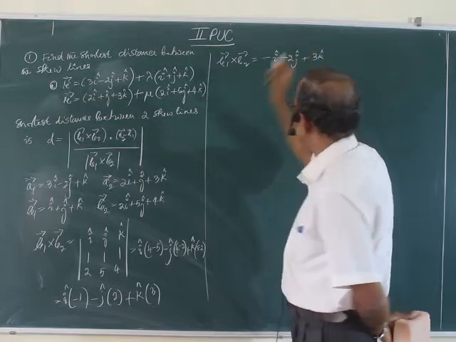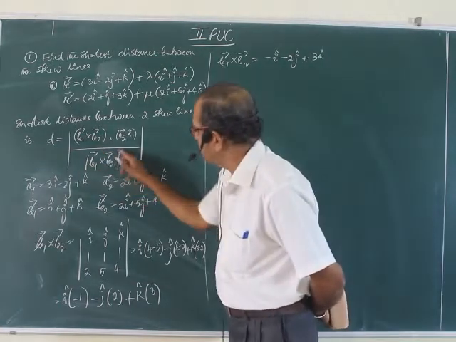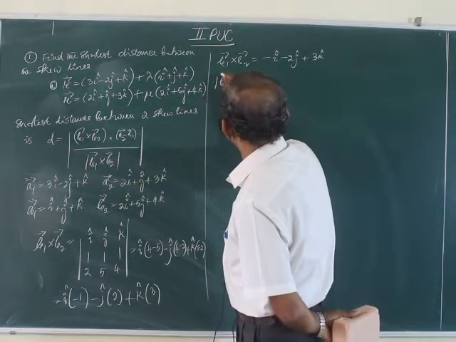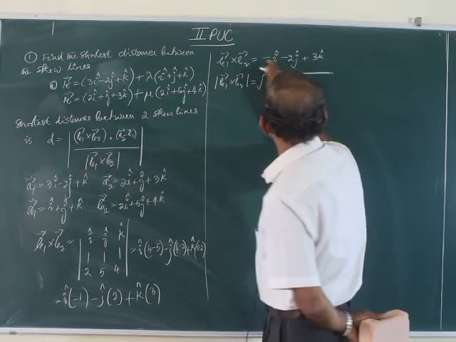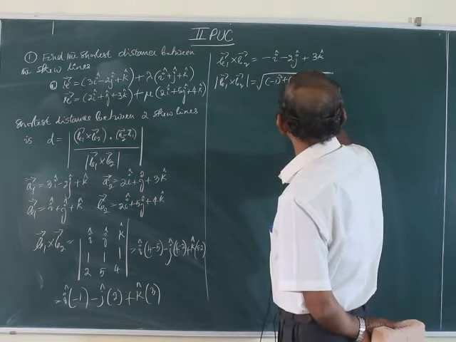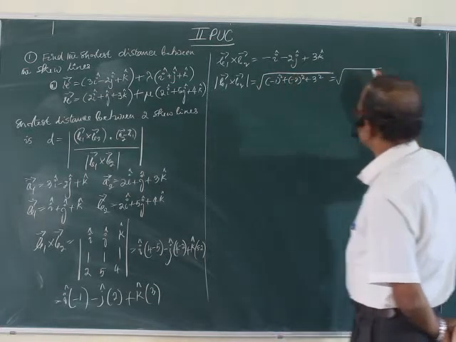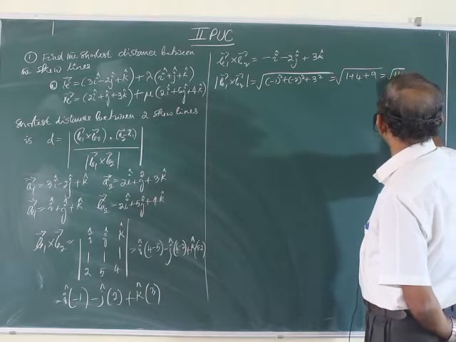Yes. You need modulus of that. Let me calculate now itself. It is required: root of minus 1 square, minus 2 square, 3 square, or it is 1, 4, 9, root 14.